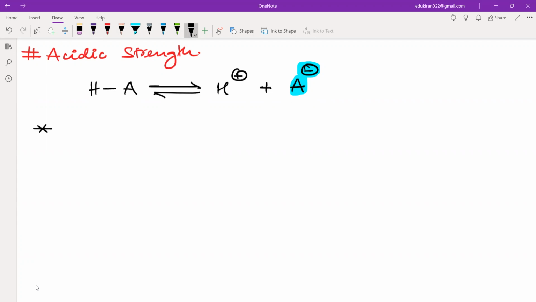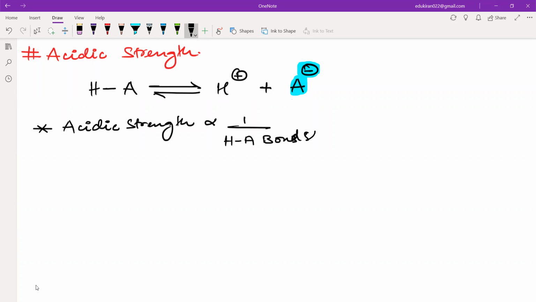So the conditions are this: acidic strength is, first of all, inversely proportional to the HA bond strength. If the bond is weak, the acid will be strong. If the bond strength is very low, acidic strength will be high because it can easily dissociate.